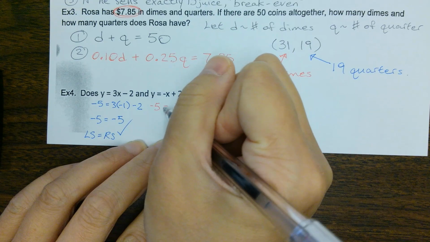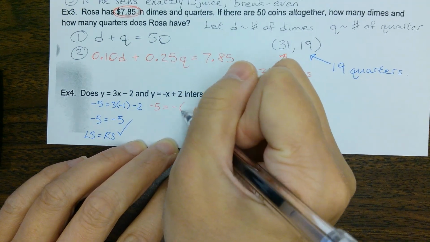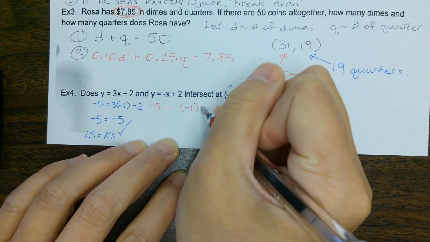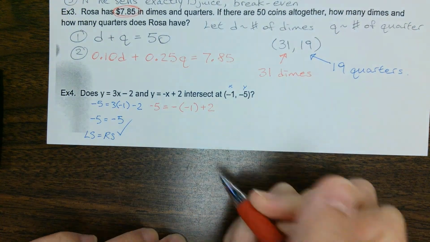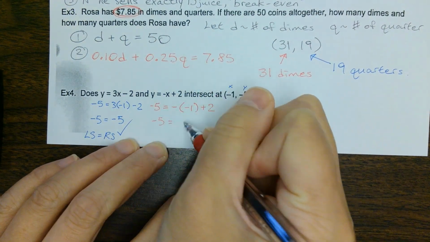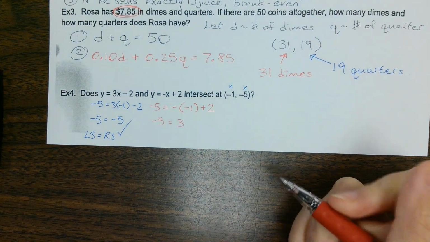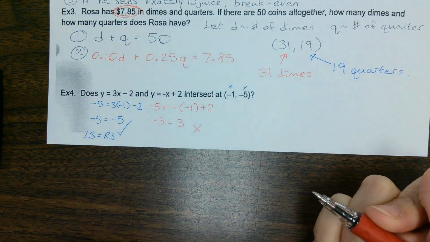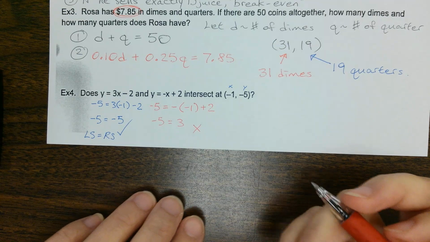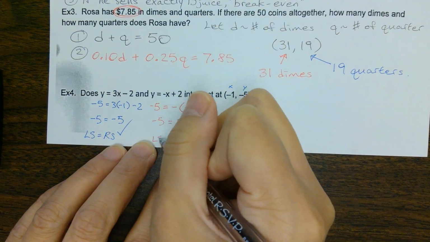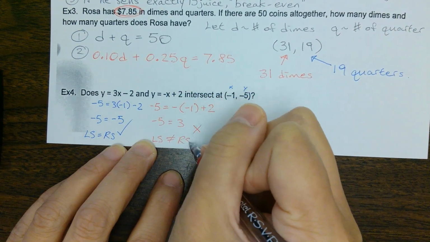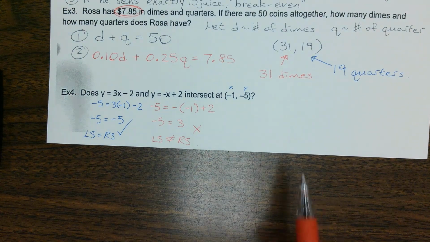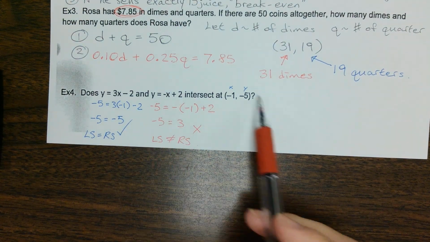Negative 5 equals negative 1 plus 2. Negative 5 equals 3. So what does that mean? Yeah. So this point is not even on this line. So nope, left side does not equal right side. So therefore, these two lines do not meet at this point.